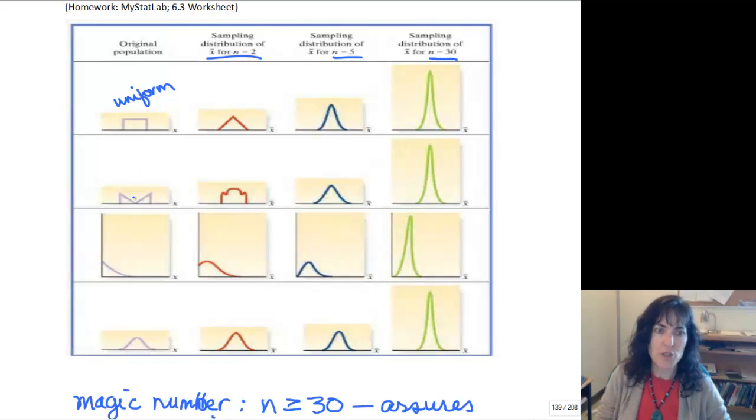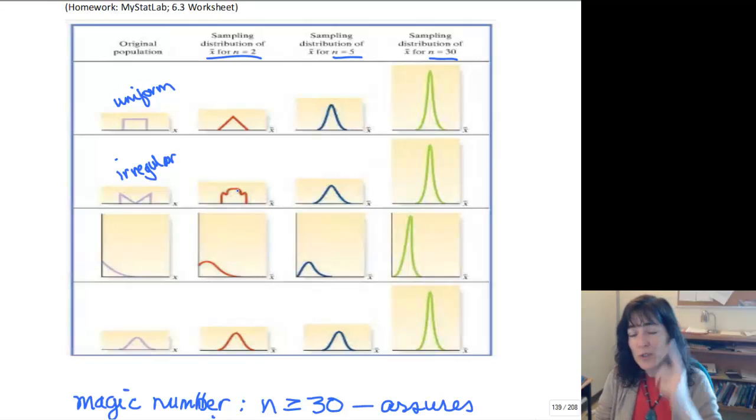If we look at the original population being irregular, when we find our sampling distribution of x bar for two people or things in our sample size, then here's the shape of our x bar sampling distribution, not so great, but once we get to n equals 5, it's looking pretty much mound shaped, and by n equals 30, it's very much mound shaped.